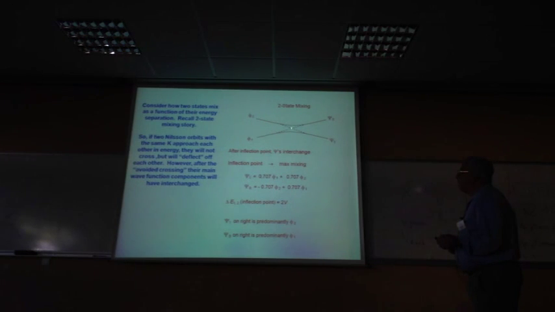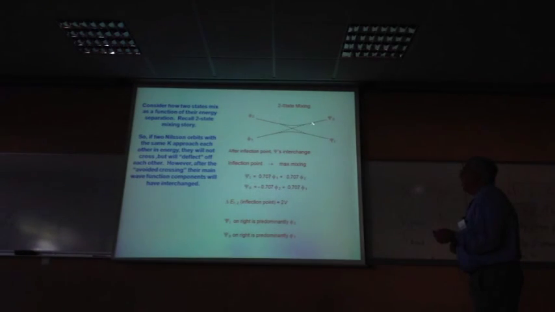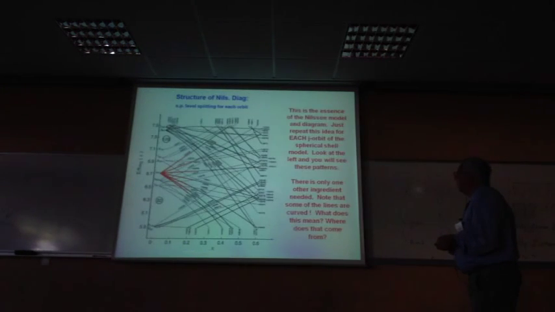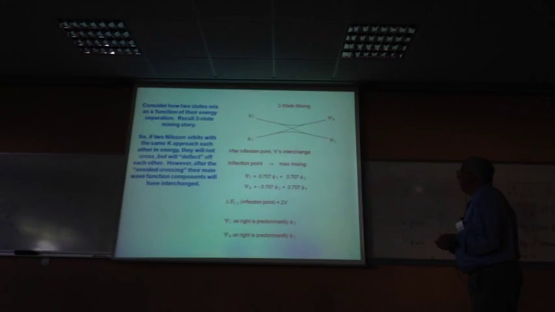At this point, they will be totally mixed. So the wave functions will be this total mixture. On the other side, this wave function will actually look more like that one, even though it started off here and you can draw this continuously. And this wave function will look more like that one.